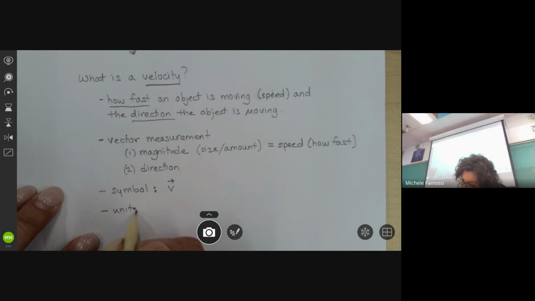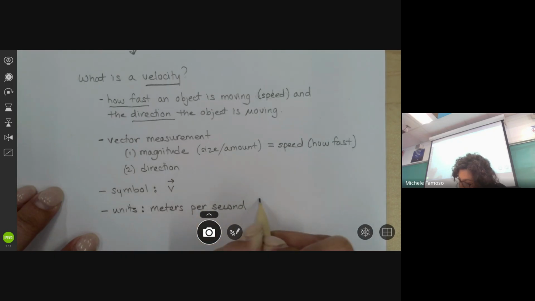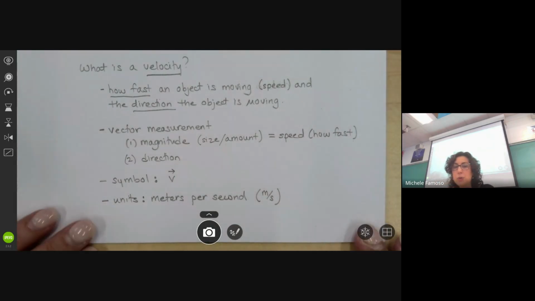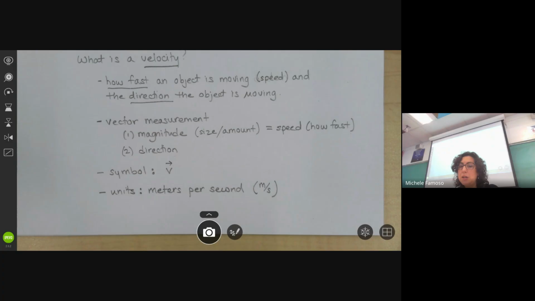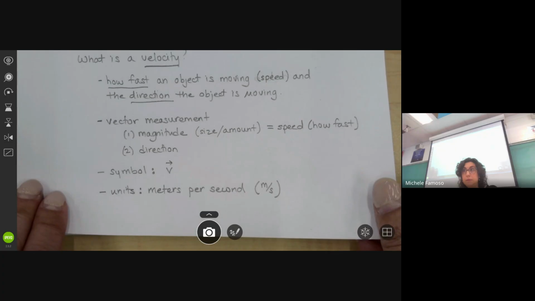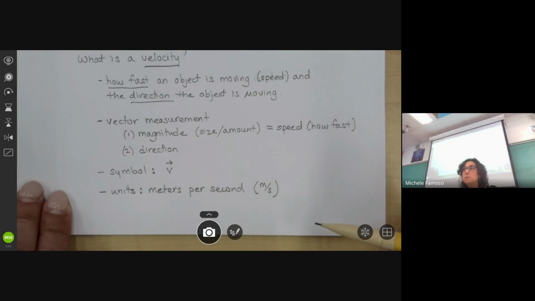The units that we're going to measure this in the metric system are meters per second, which we abbreviate as m/s. Now, here in the United States, where we use the English customary units, we would say miles per hour. That's a speed. Okay. Let's now define speed. Can I go on from this?